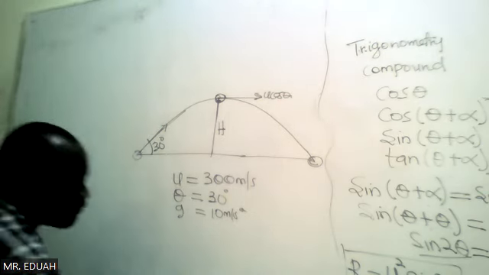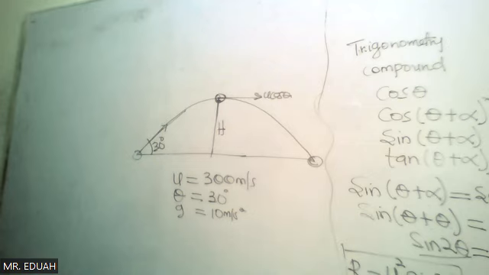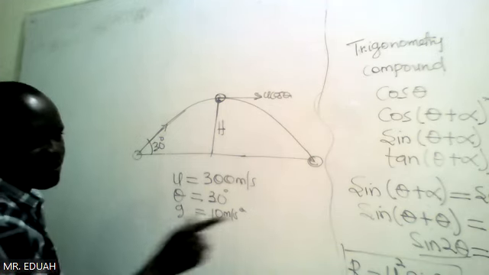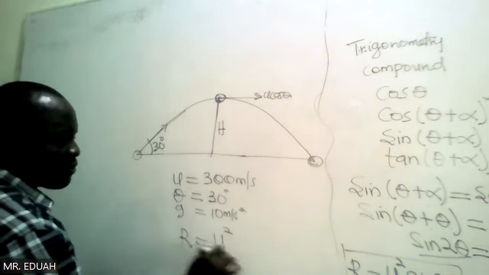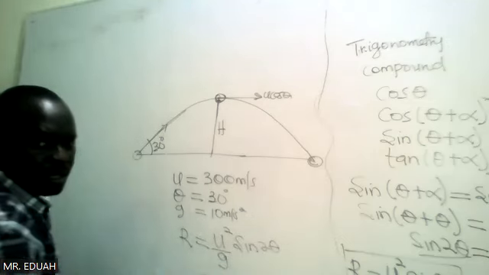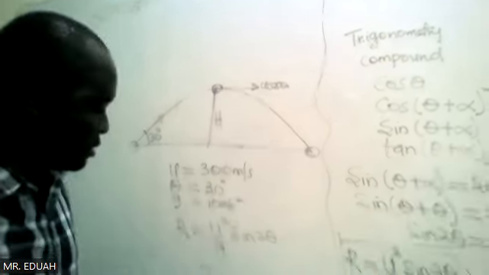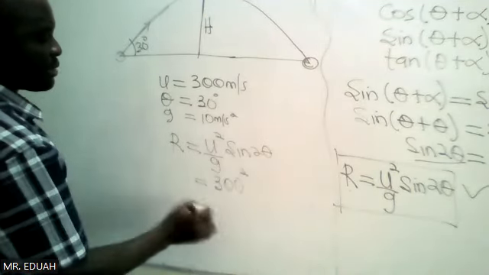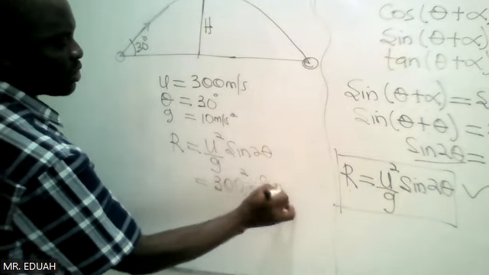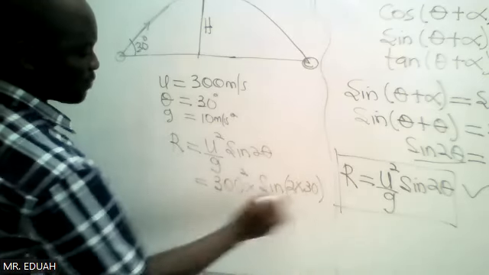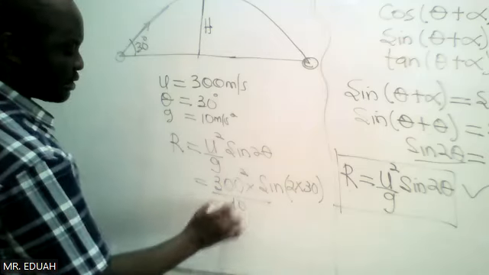We are required to calculate the range. If we are using this, range is equal to u squared over g times sine of 2 theta. u is 300, so 300 squared times sine of 2 times 30, divided by 10.